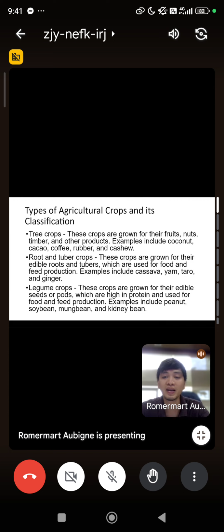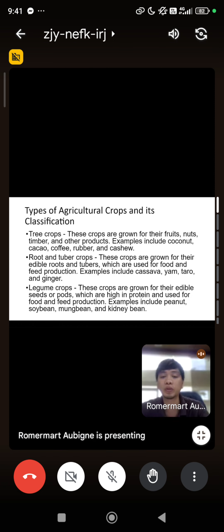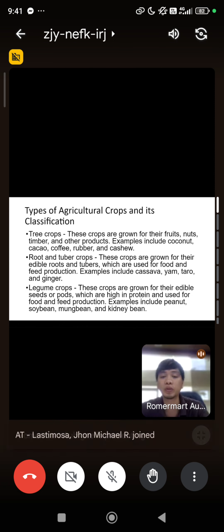Examples here are cassava, yam, taro, and ginger. Then we also have legume crops. These crops are grown for their edible seeds or pods, which are high in protein and used for food and feed production. Examples: we have peanuts, soybean, mung bean, and kidney bean. The kidney bean, we also call this red bean.